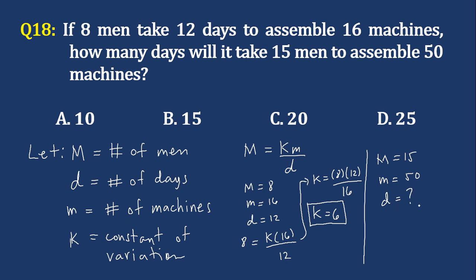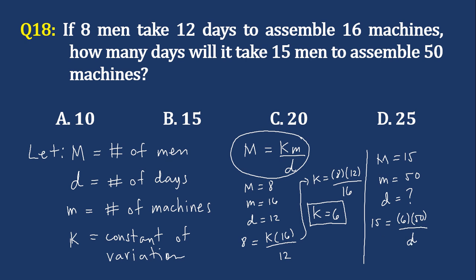So this is what we are looking for. We will use again this equation. So we have capital M 15 equals constant, which is 6, times small m, which is 50, over number of days.